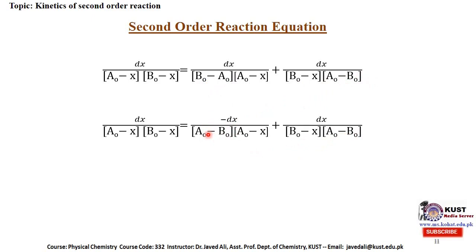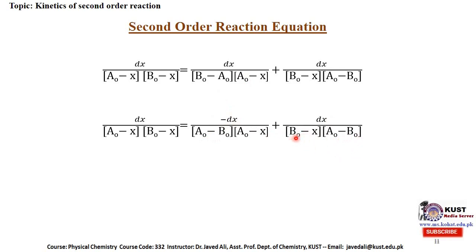Therefore, the equation will become dx divided by (a₀ − x)(b₀ − x) is equal to minus dx divided by (a₀ − b₀)(a₀ − x), because b₀ − a₀ is equal to minus (a₀ − b₀), so we can write the minus sign here, plus dx divided by (b₀ − x)(a₀ − b₀).